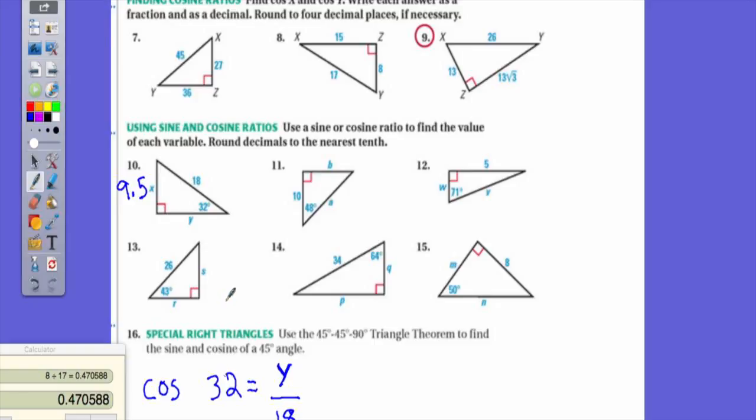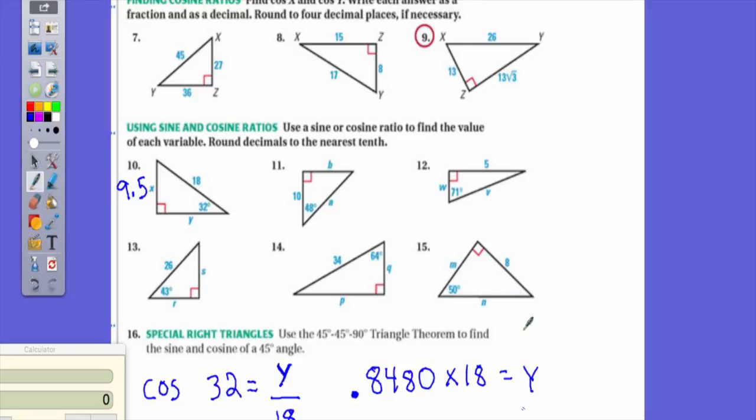No, you're going to do cosine of 32 in the calculator. So what do you get for 32 cosine? 0.8480 times 18 is going to equal y.